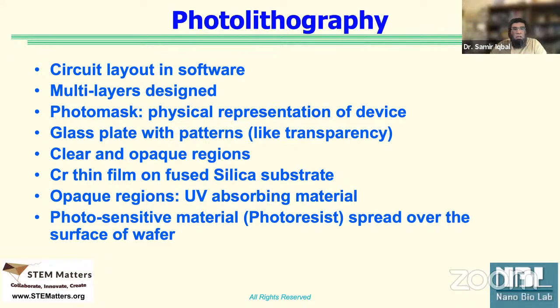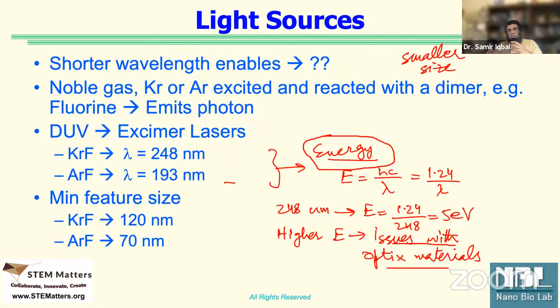So we do layered steps until we develop or write all the parts of those devices that are supposed to go on the surface, right? The basic idea is that we use a light source when we do photolithography. And with those relationships, Rayleigh's criterion and so on, we saw that we can push down the wavelength of the light that we use and we can make smaller features, right?